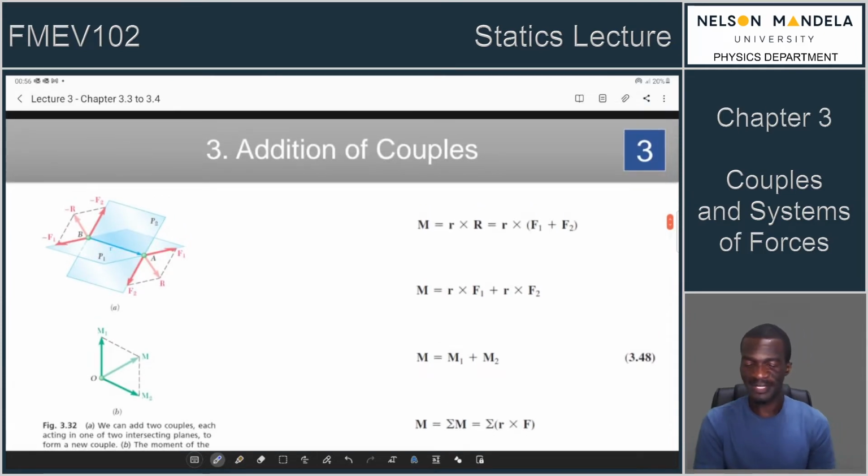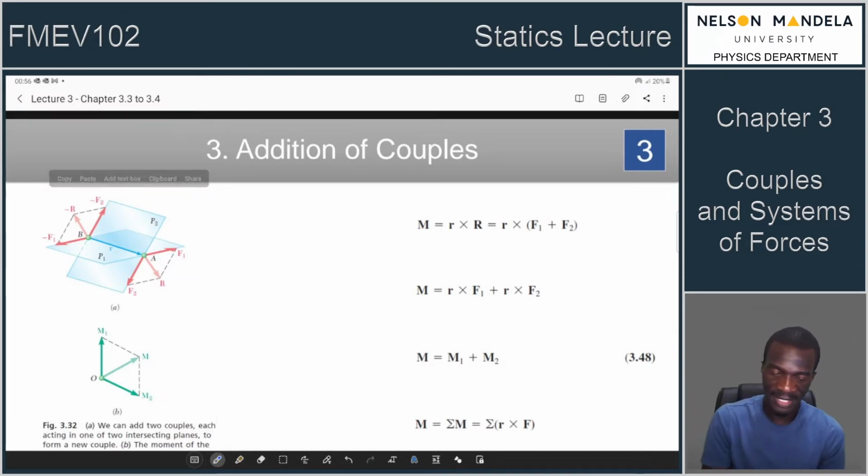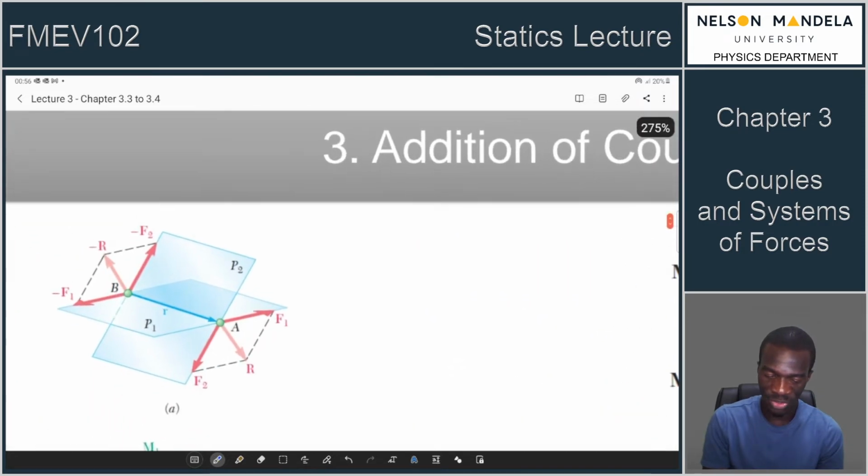Addition of couples follows the same sign. So addition of couples, this is now a principle on the behavior of couples. So if you have a couple, the question is, how do these couples behave? So if you are to add one couple to the other, how would you do it?